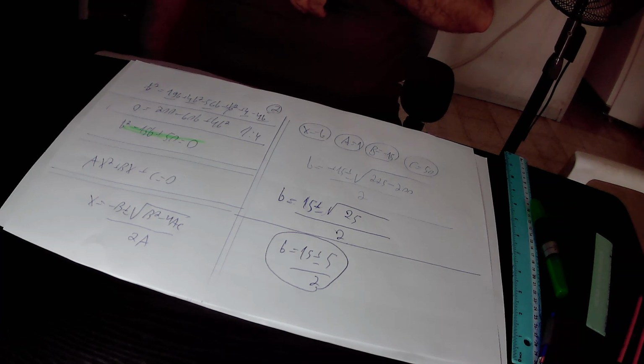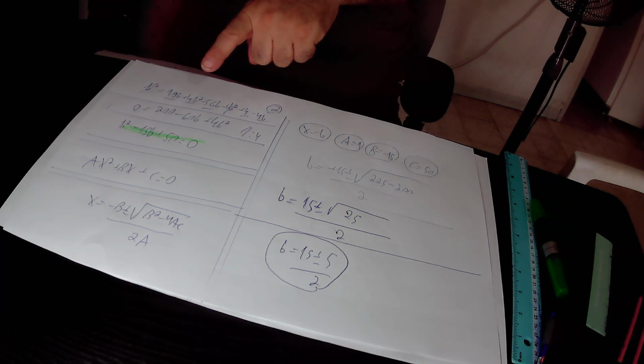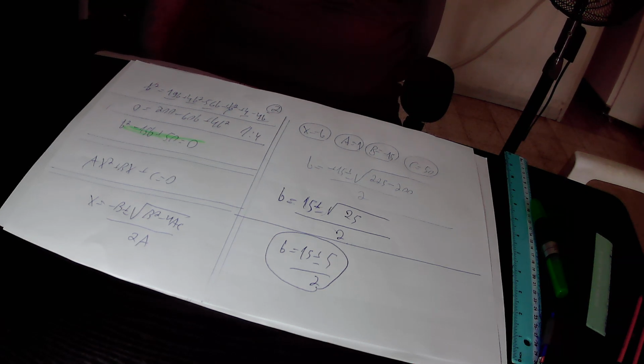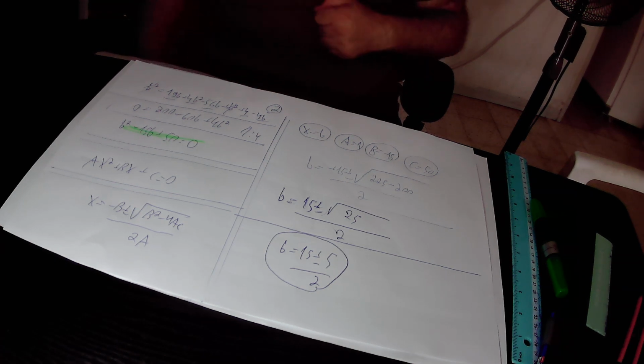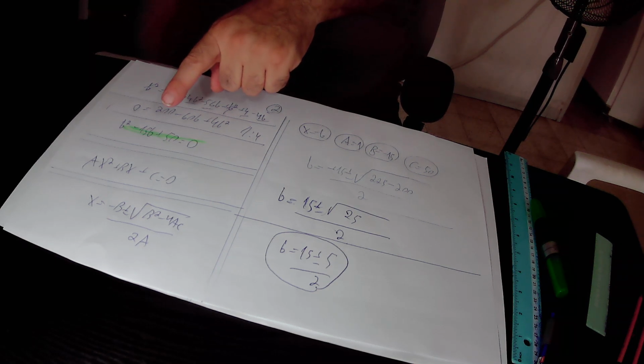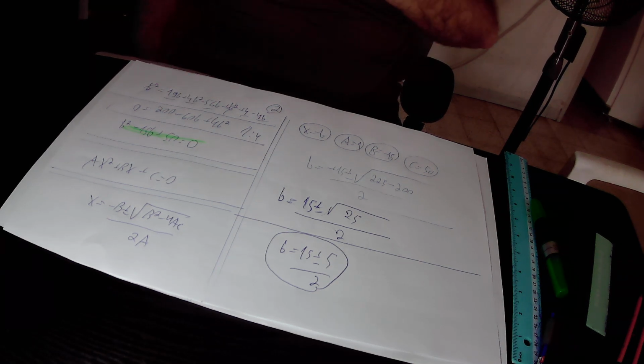In our specific equation, b squared minus 15b plus 50 equals 0, the variable that we are looking for is small b, while capital B is a coefficient of the quadratic equation. So they are totally different things.